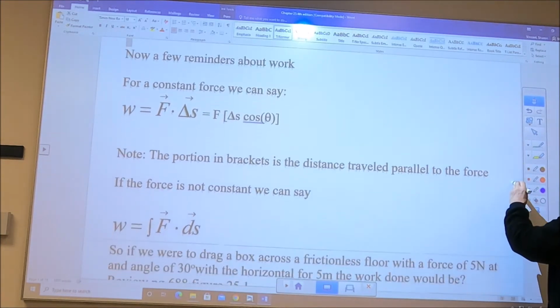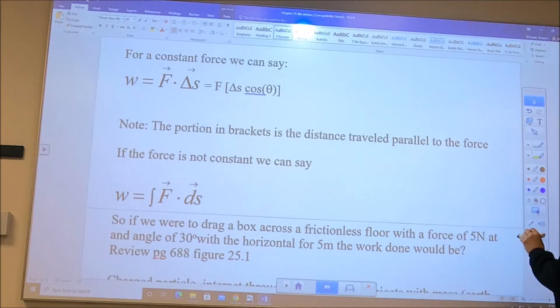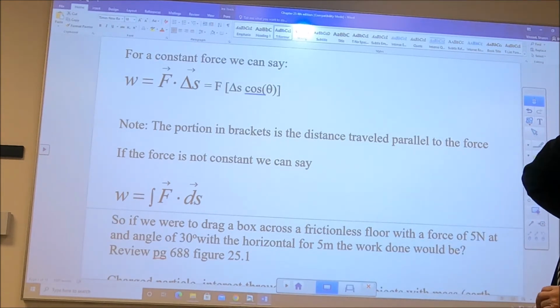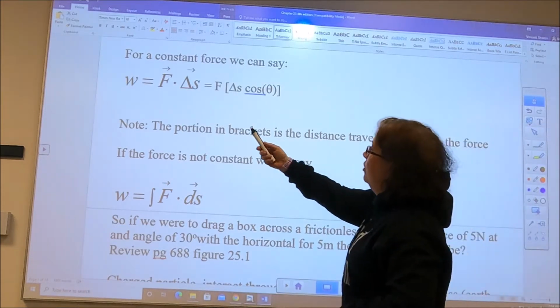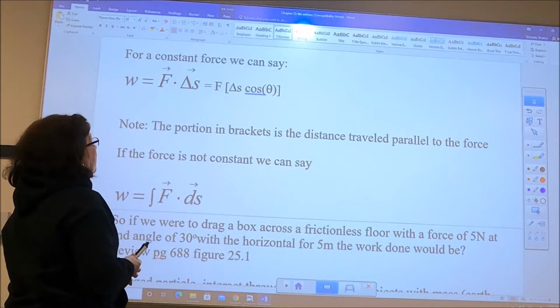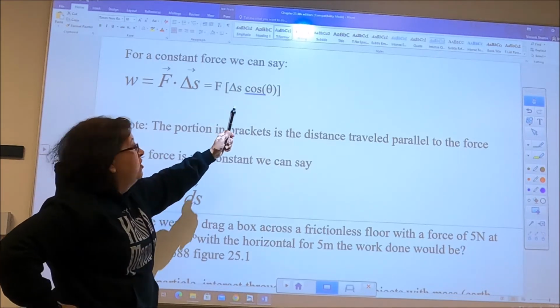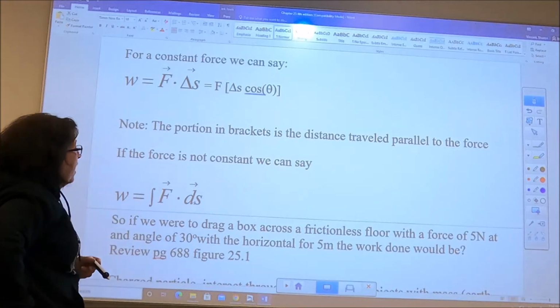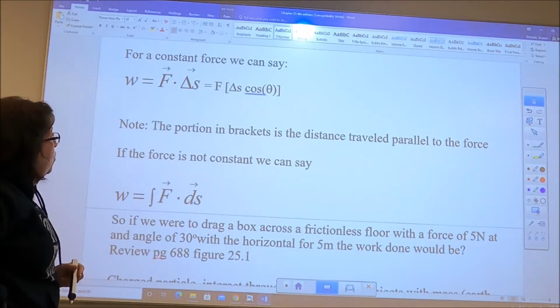Now let's remind ourselves about a few things. It's not been that long since we talked about work. Work is equal to the vector F dot vector delta S. And if we are dealing with a constant force, then it's F delta S cosine theta, where theta is the angle in between the two.